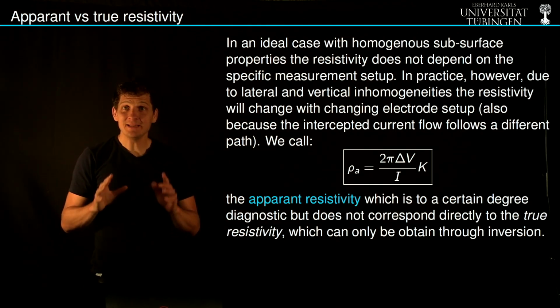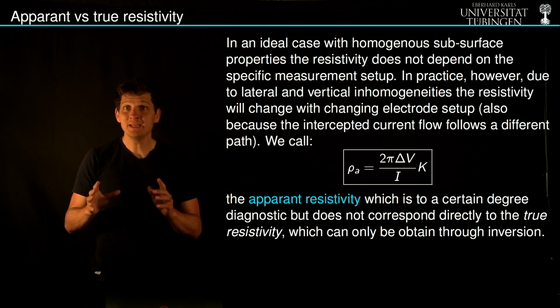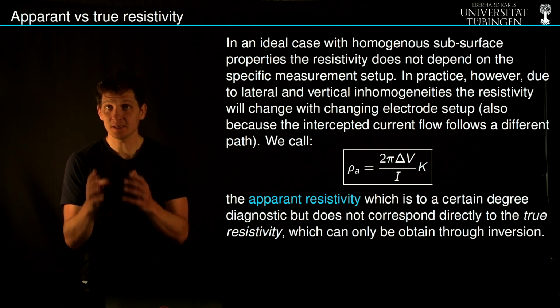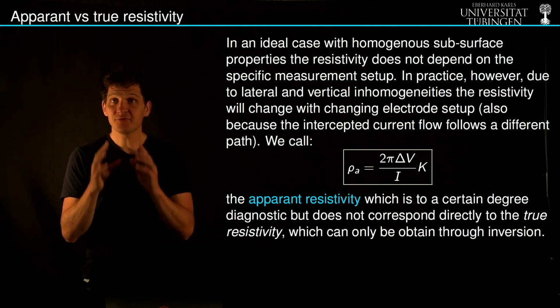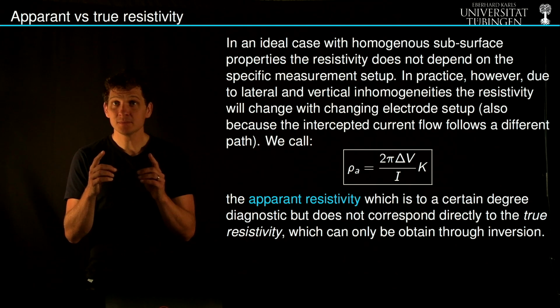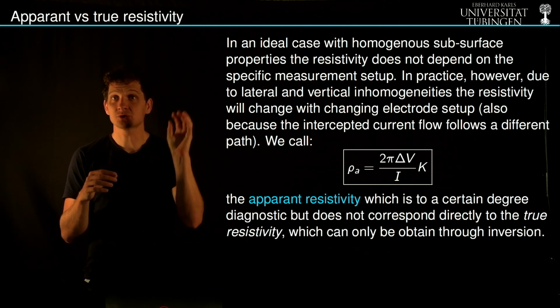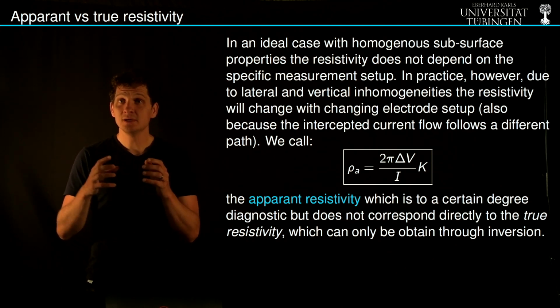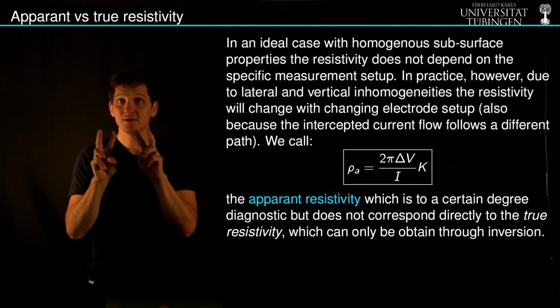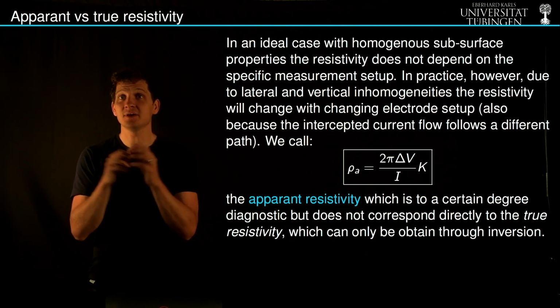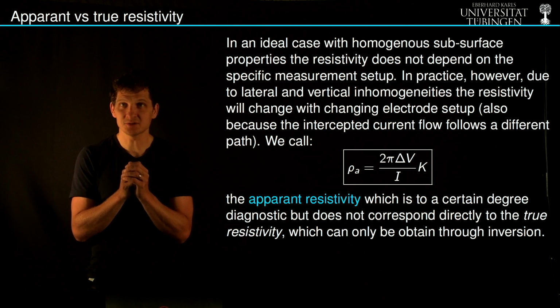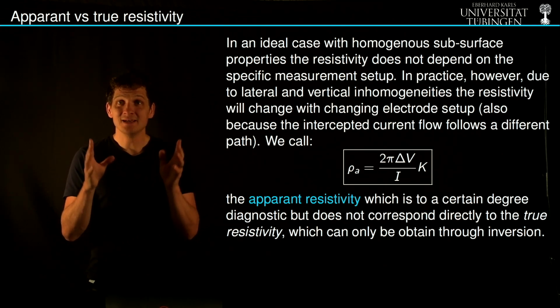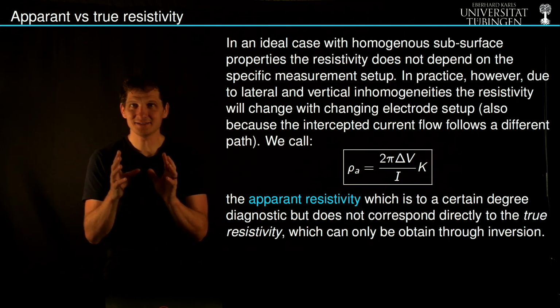In an ideal case, meaning in a homogeneous subsurface, the inferred resistivity from the measured potential drop and the measured current will be independent of the specific arrangement of the electrodes at the surface. However, this is only for an idealized case.